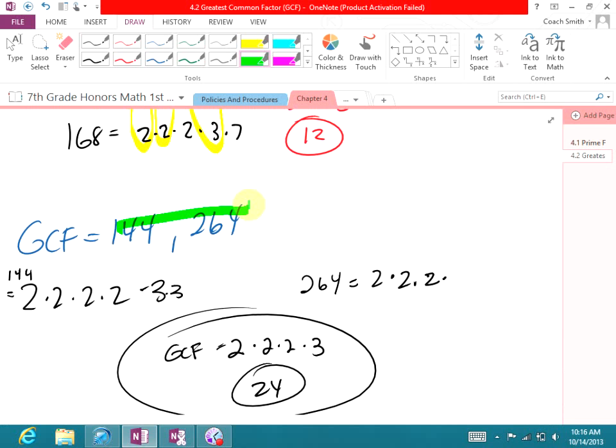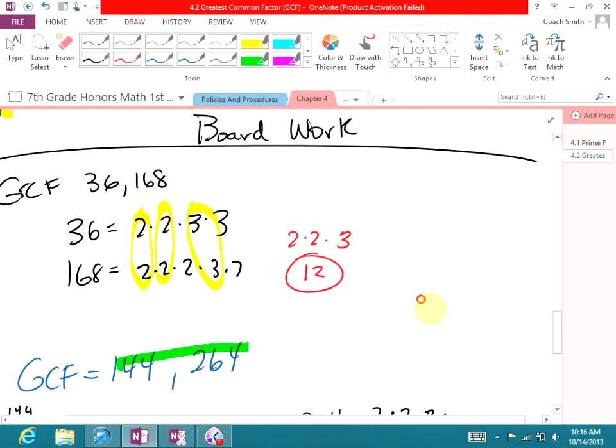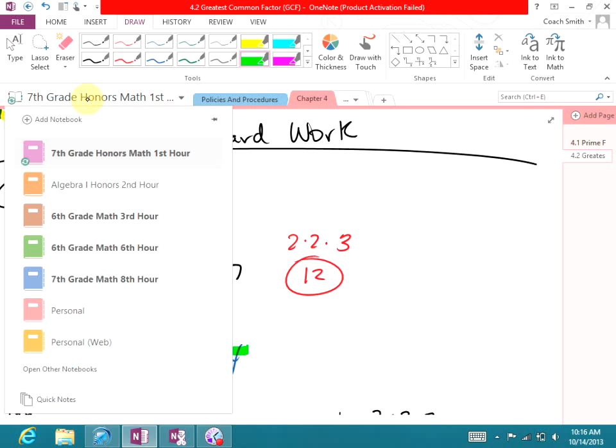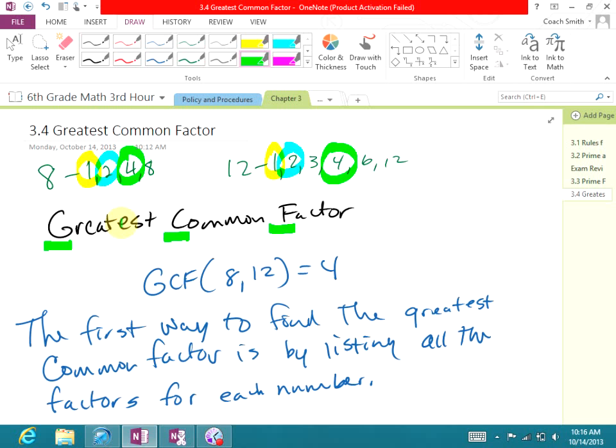So you can imagine listing all the factors for those two numbers. Then we had 36 and 168. So you can see that obviously we're not always going to have simple numbers like 8 and 12. So we need to know another way to do it without having to list all of the factors.